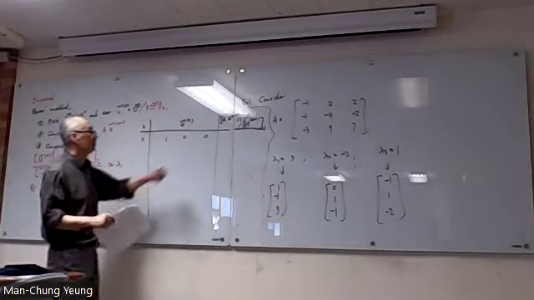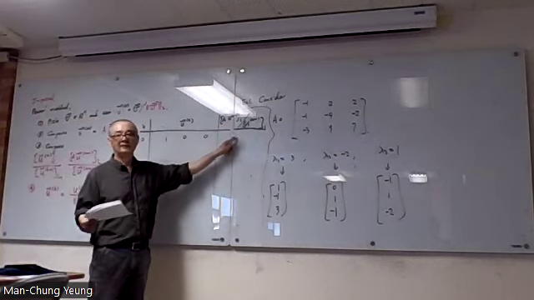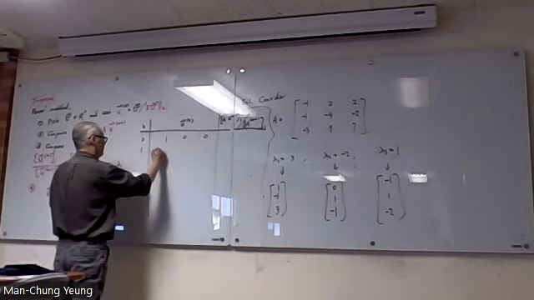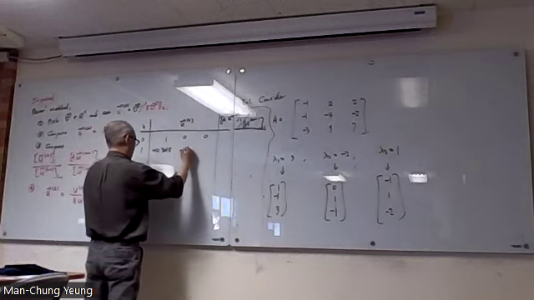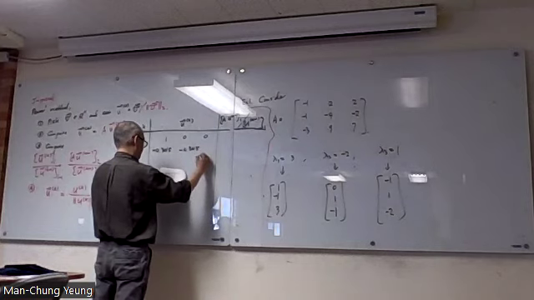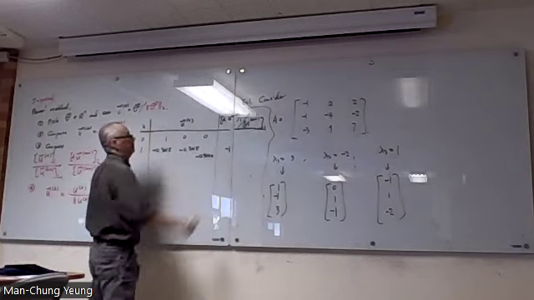For k is 0, there is no value for the last column. When k is 1, this is -0.95, and this is -1.